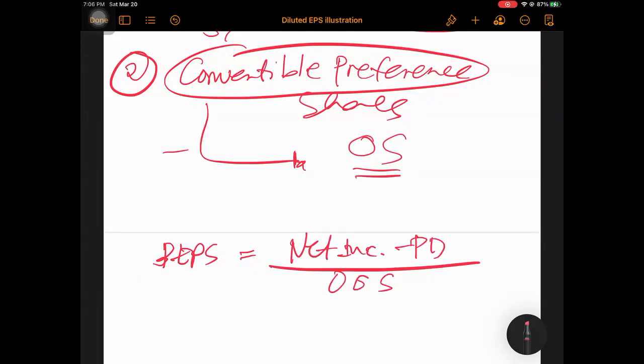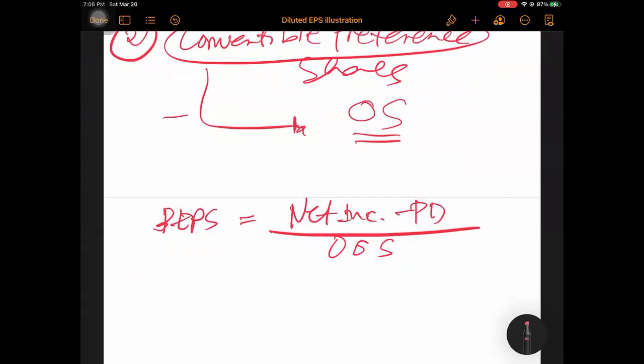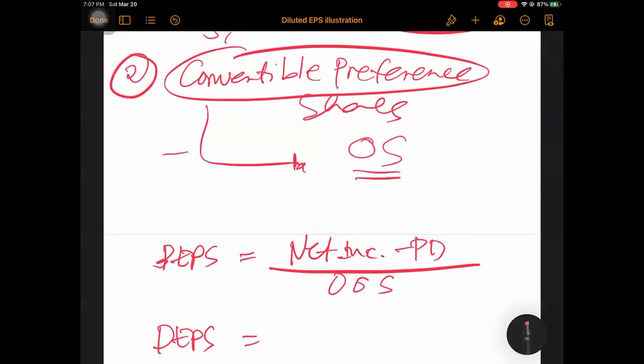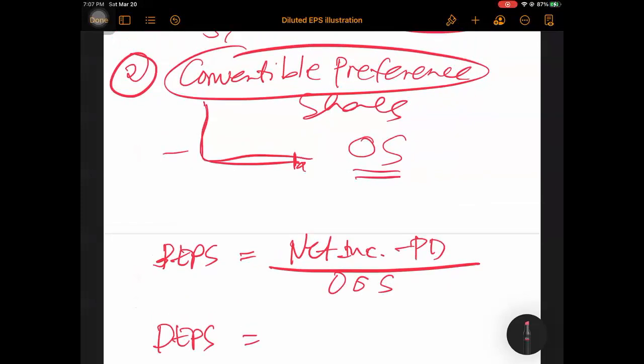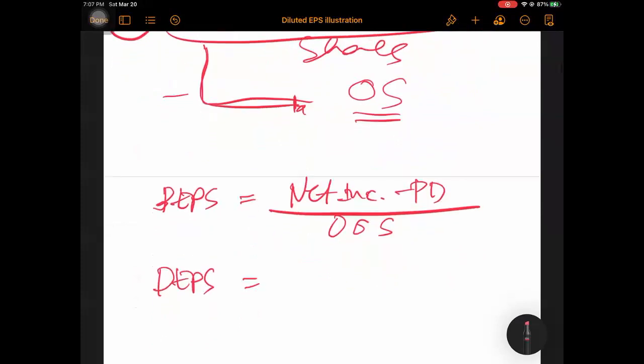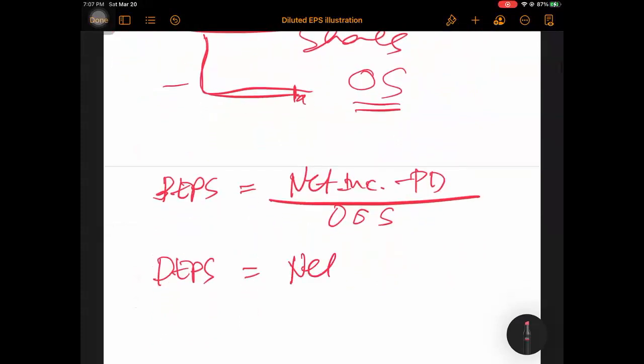But in the computation of your diluted earnings per share, if you have a convertible preference share, since the assumption is these convertible preference shares were already converted into ordinary share, therefore, wala na tayo dividends related to your preference shares. So, to compute for the diluted earnings per share, wala na.